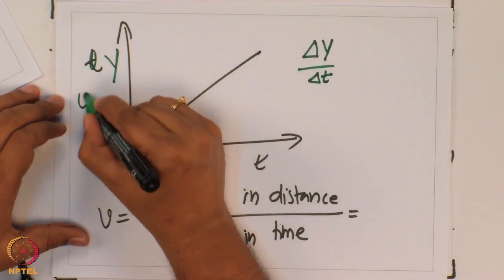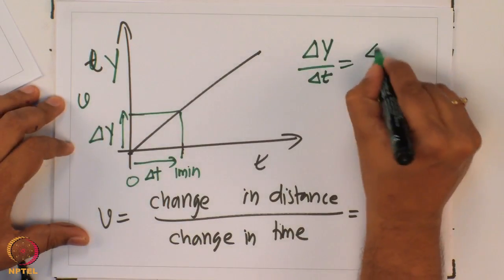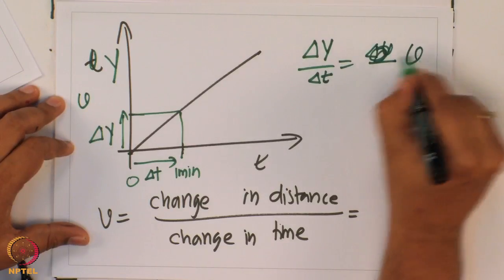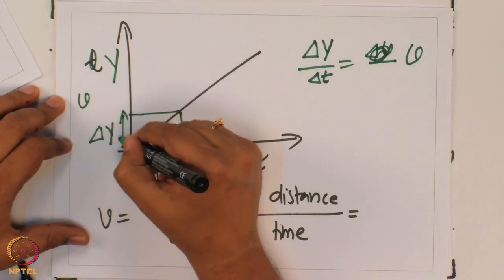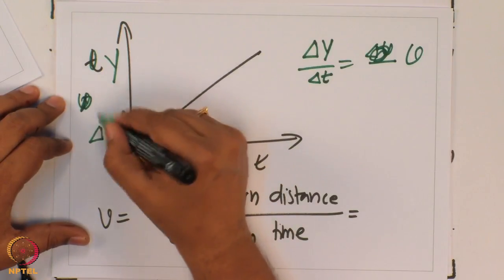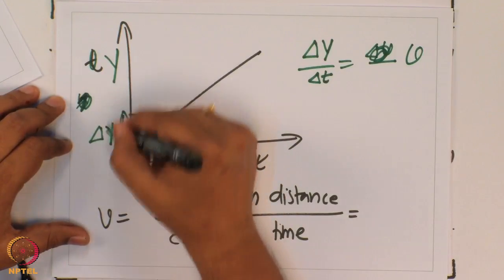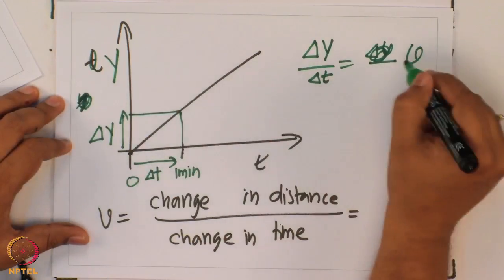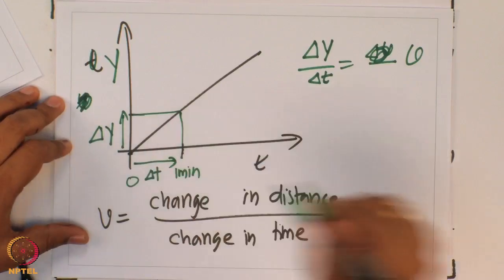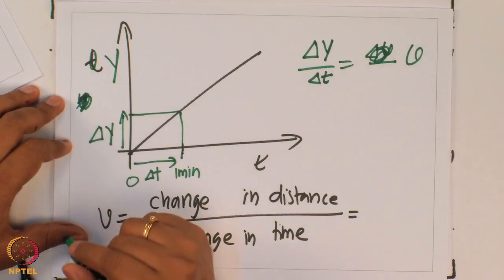So delta y by delta t is velocity. Of course, y is position, sorry, this is not velocity, this is position, and the change in y with time is called the velocity. So delta y by delta t is velocity.